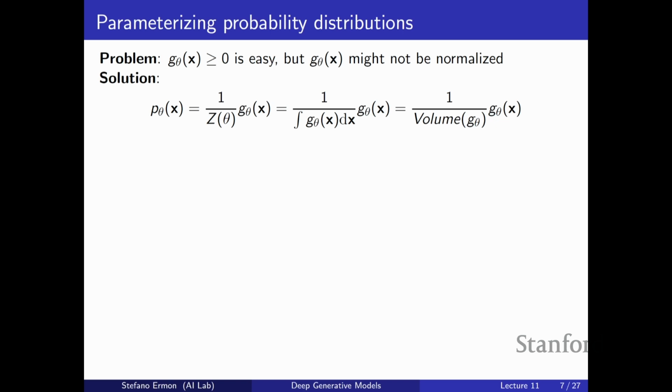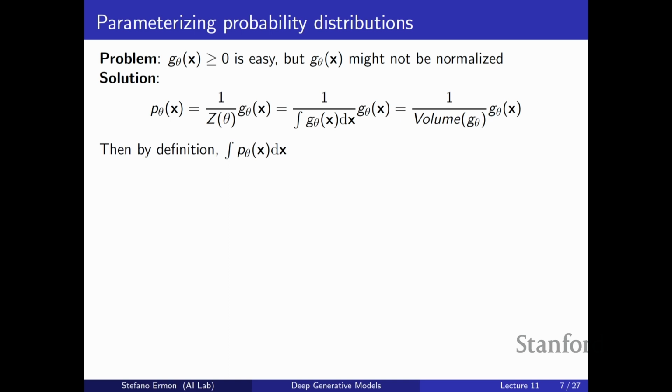And that is the main idea behind energy-based models: to just bite the bullet and be willing to work with probability density functions or probability mass functions that are defined by normalizing objects that are not necessarily normalized by design, by dividing by this quantity Z theta, which is often called the partition function, this normalization constant, the total volume, the total amount of unnormalized probability that we need to divide by to get a valid probabilistic model.